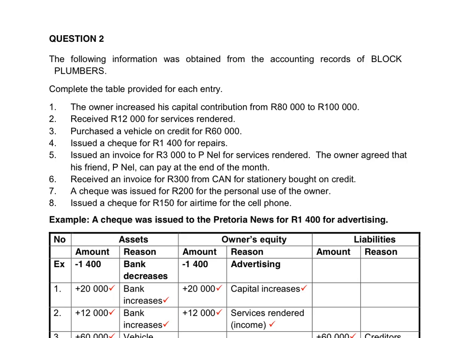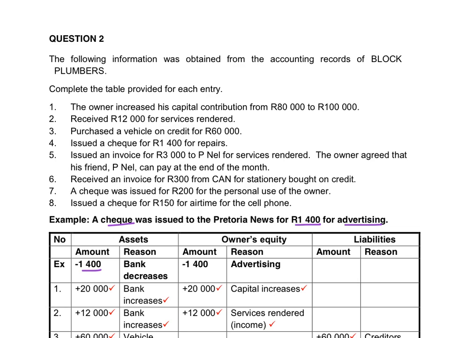In question 2, the owner increased his capital contribution from 80,000 to 100,000. If we look at the example, they said a check was issued to Pretoria News for 1,400 for advertising. Okay, so here we indicated that you must show whether the amount will increase or decrease assets.